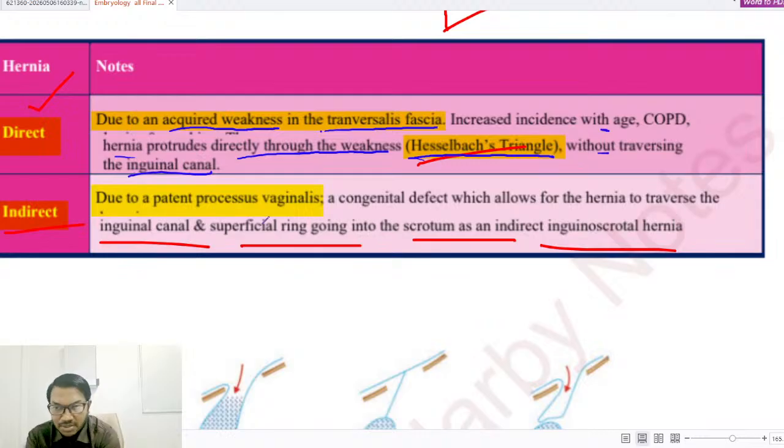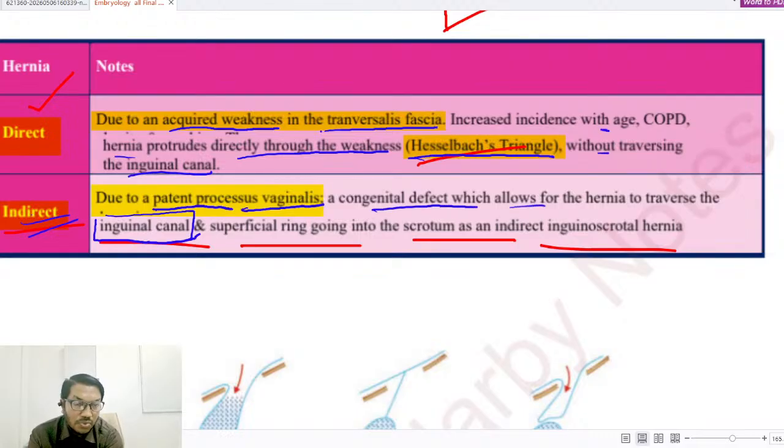But if it happens through the inguinal canal, then it will be indirect. Why does indirect hernia happen? Because of patent processus vaginalis. It is a congenital defect which allows the hernia to traverse the inguinal canal and superficial inguinal ring.